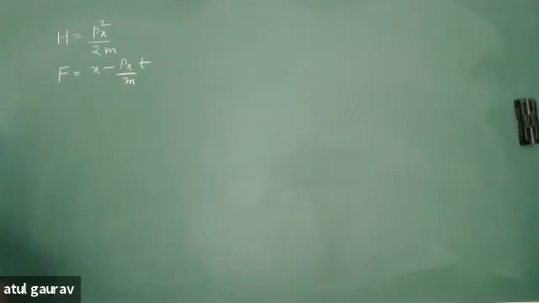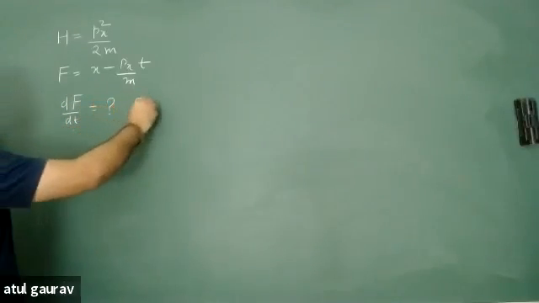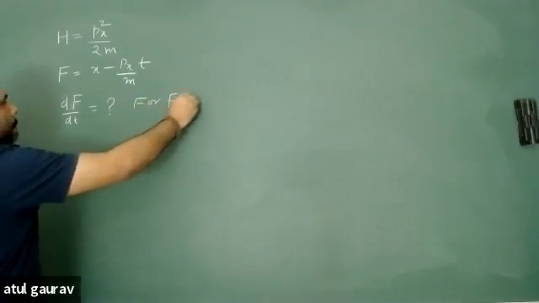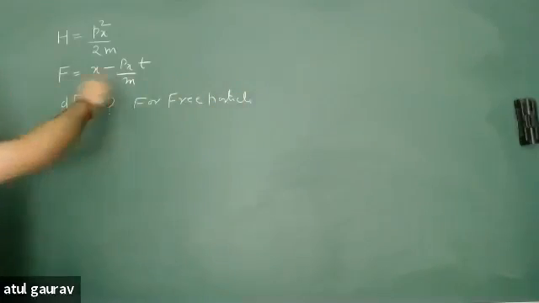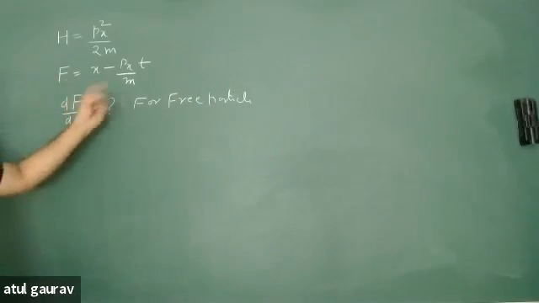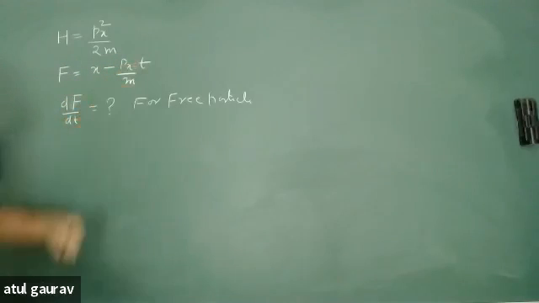What we want to know is what df/dt will be for a free particle. Yes, you can see that this is a non-trivial problem. Why? Because f is an explicit function of time.